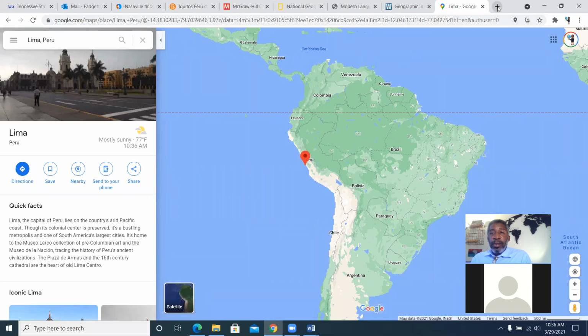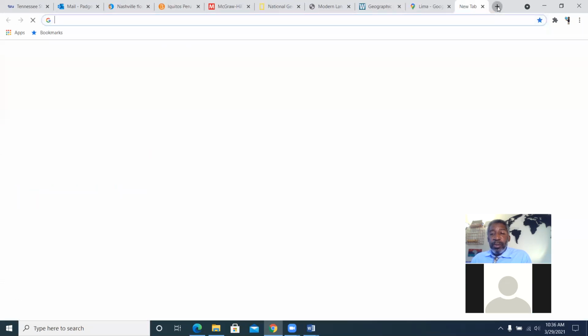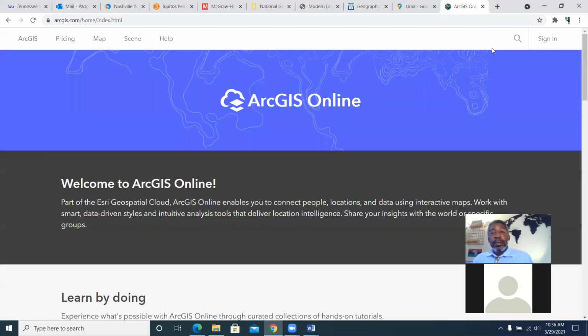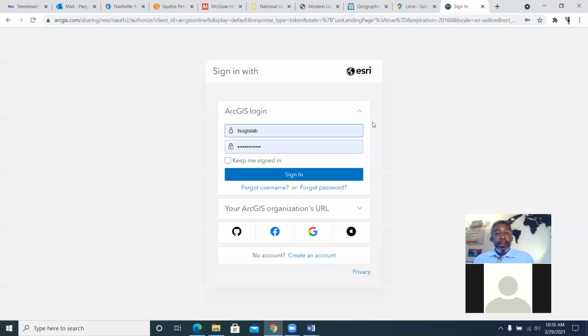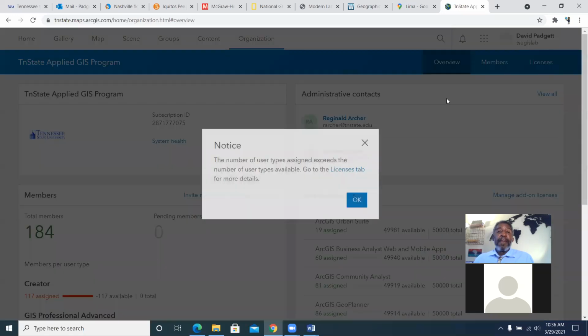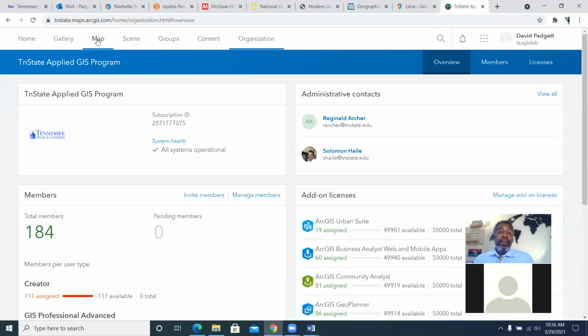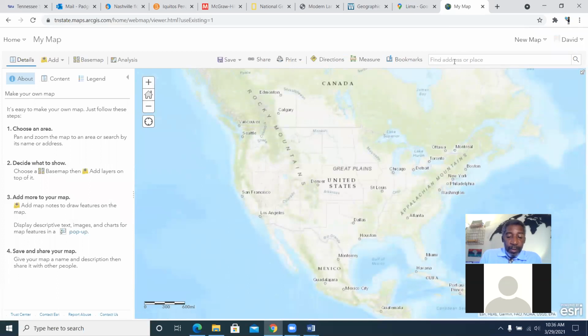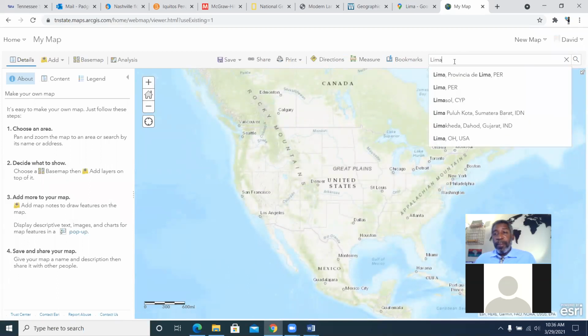Well, let's do something different. Let's go to ArcGIS Online. Sign in, because we're going to use the measure tool here. Go to the map here. So we start out with Lima, Peru.